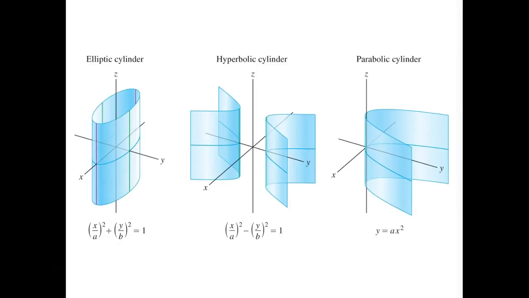What they didn't show is a circular cylinder. Elliptic cylinder, hyperbolic cylinder, parabolic cylinder. Whatever your axis is, it goes infinitely up and down, tracing out the curve on the XY plane. All right, I think that's the last one now. Yes, it is.